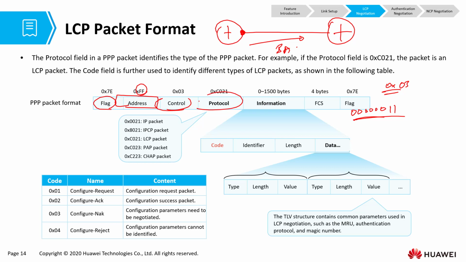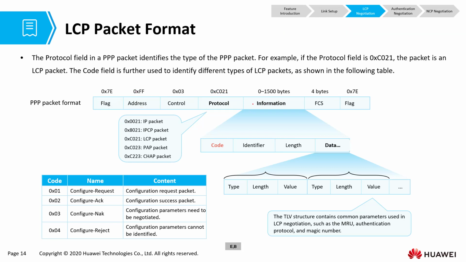After the control field is the protocol field. And the protocol field has the value C021. The protocol field indicates the type of protocol that the packets inside this frame are in.